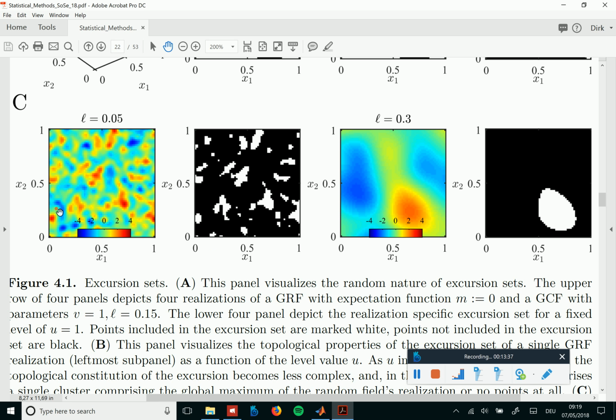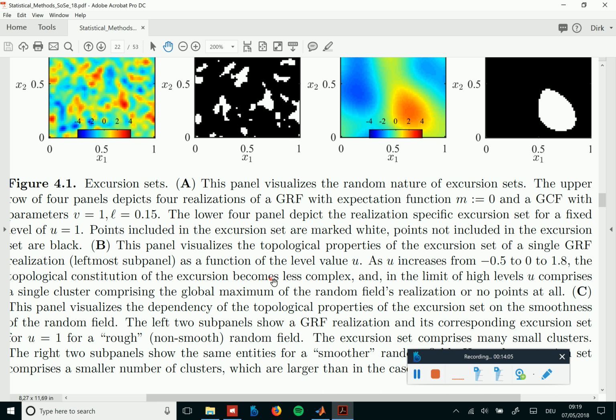And finally, the thing with the smoothness. So here, Gaussian random field with Gaussian covariance function with a fairly small L parameter, which then, of course, gets less blobby. And the excursion set has many unconnected components. And here, a smoother random field and one realization where you have one component, and these are both done at the same threshold of 1.